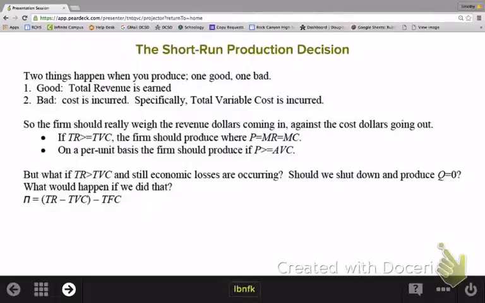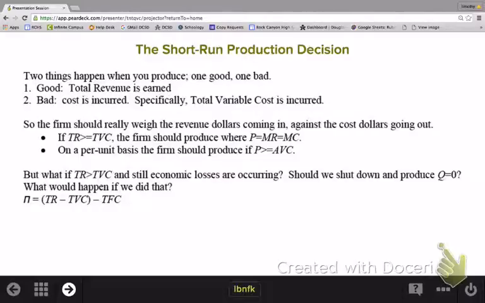If total revenue is greater than or equal to total variable cost, not total cost, but total variable cost, because that's something you can control with your quantity of output, then the firm should produce where price is equal to the marginal revenue equals marginal cost, even if it's losing money. On a per unit basis, the firm should produce if price is greater than or equal to average variable cost.